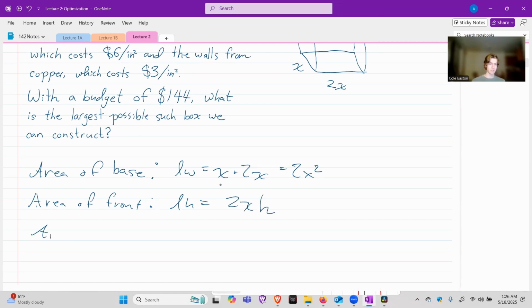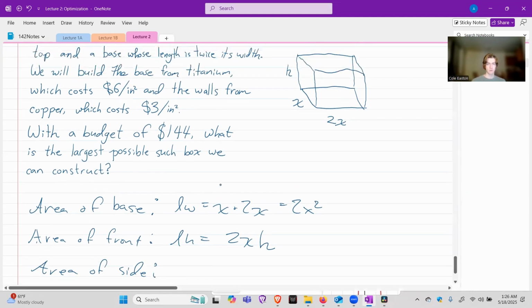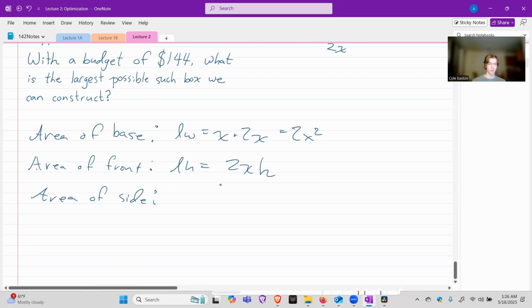And the area of the side, meaning the left side or the right side, we're talking about this side right here. That's going to be our width times our height, which is x times h.